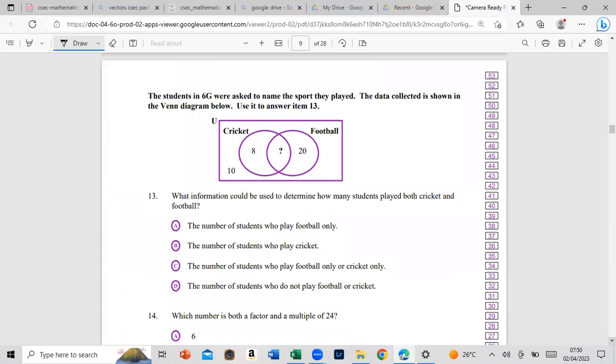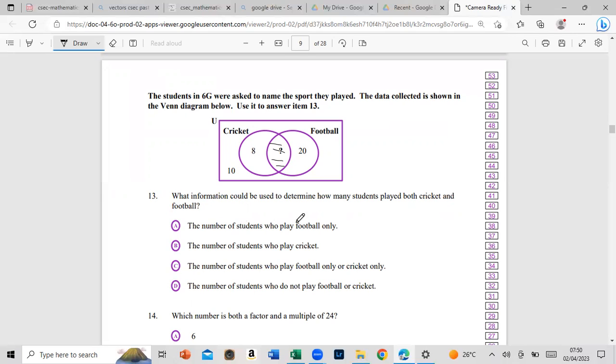The students in 6G were asked to name the sport they played. The data collected is shown in the Venn diagram below. Use it to answer item 13. What information could be used to determine how many students play both cricket and football? Let's see.